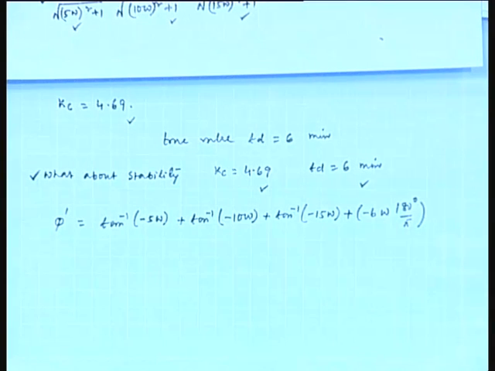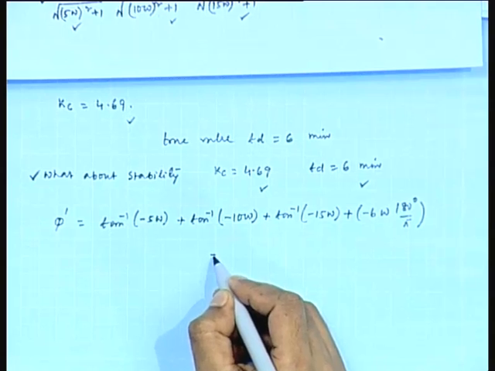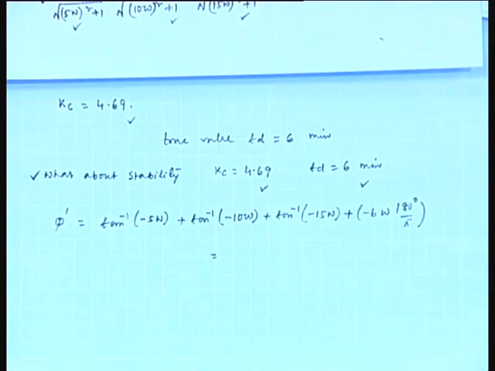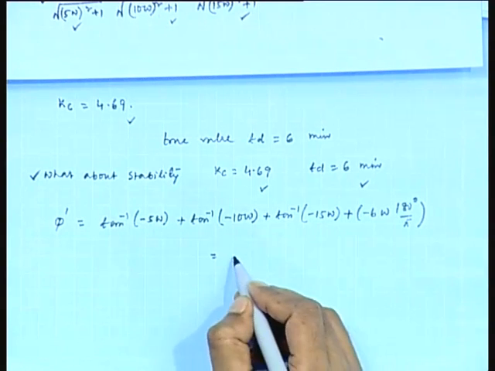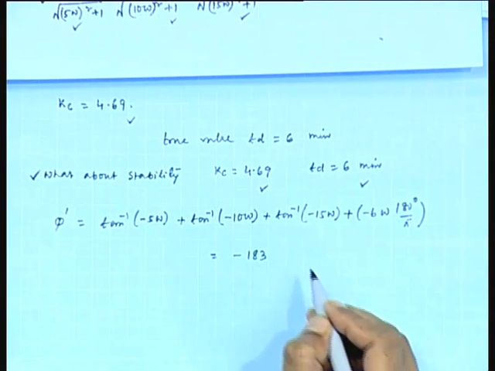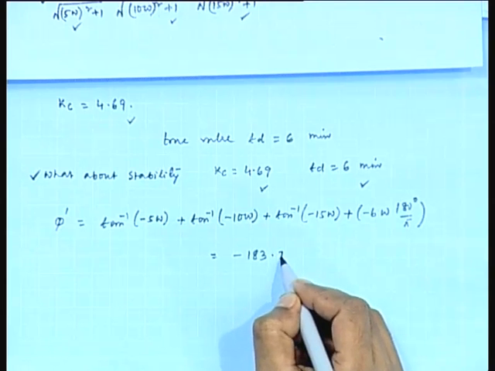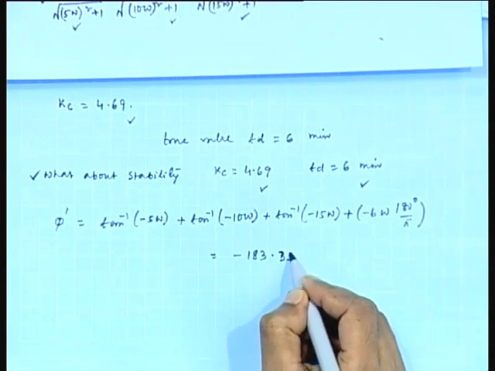This is the expression for phi, and considering omega equals 0.12 radian per minute, we obtain this as 183.35.